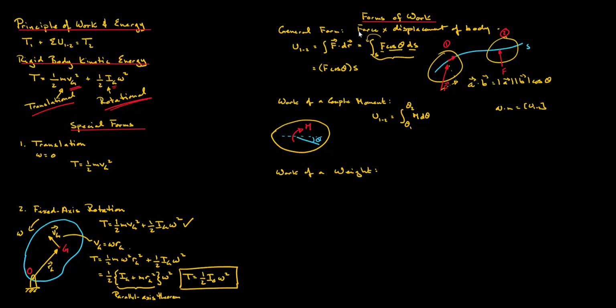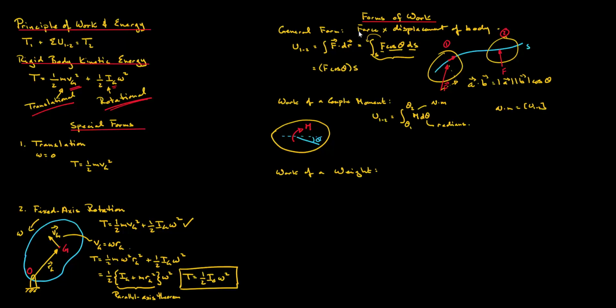So now, in SI units, a moment has units of newton meters. So this angular displacement will have to be in radians in order to maintain consistency in our units. So the work of the couple is positive when the moment and angular displacement have the same direction.